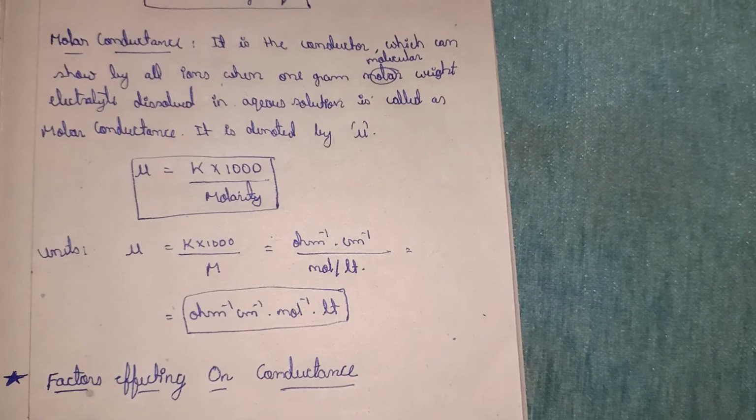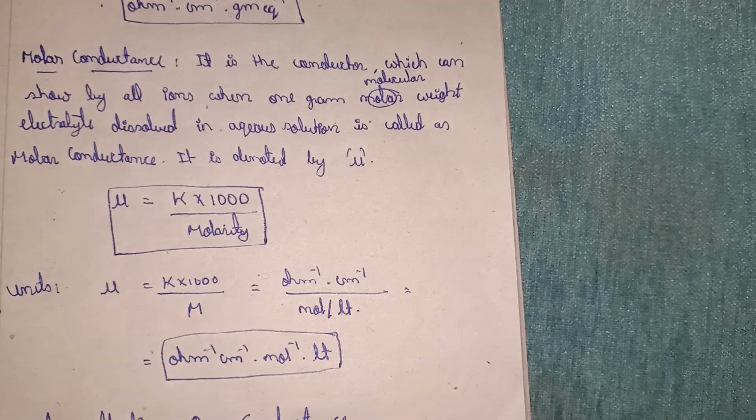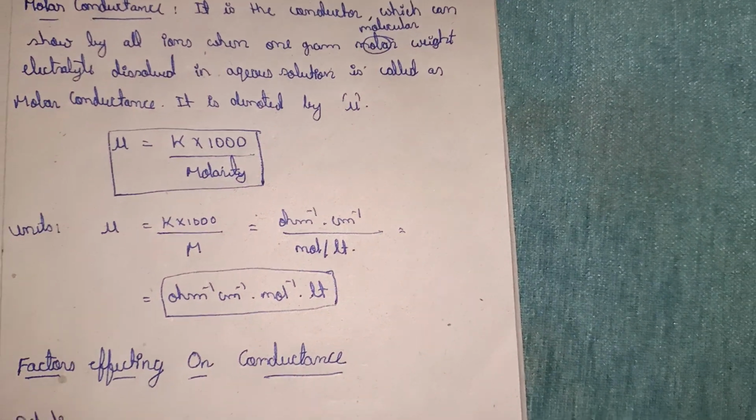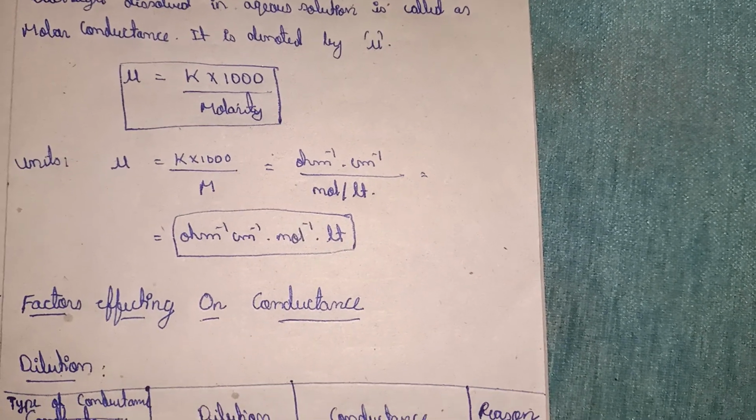The relationship between molar conductance and specific conductance is mu equals K into 1000 by molarity. And the units are ohm inverse, centimeter inverse, mole inverse, liter.